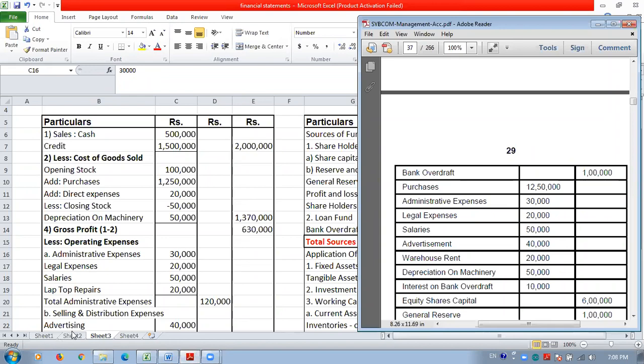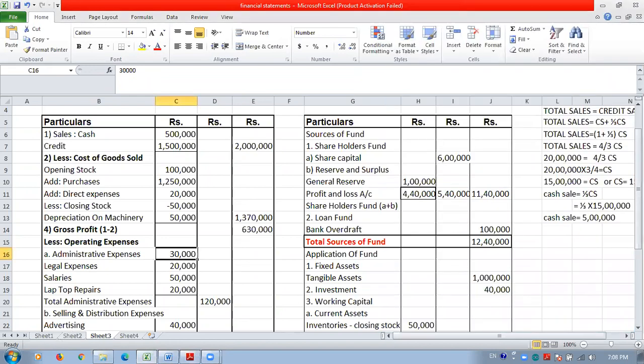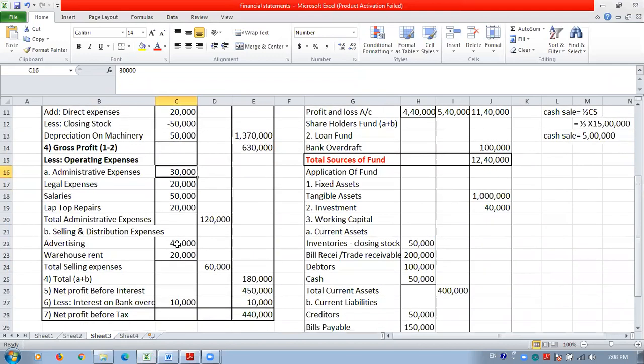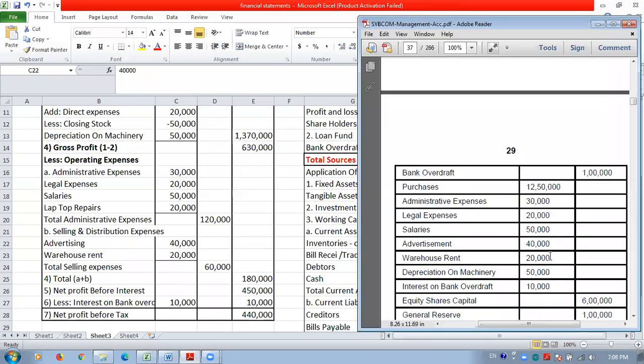So it appears under the selling and distribution expenses head, advertising 40,000. Next item is warehouse rent. The warehouse is related to selling, right? The finished goods are kept in a warehouse.